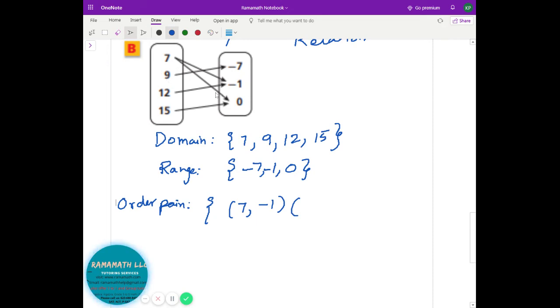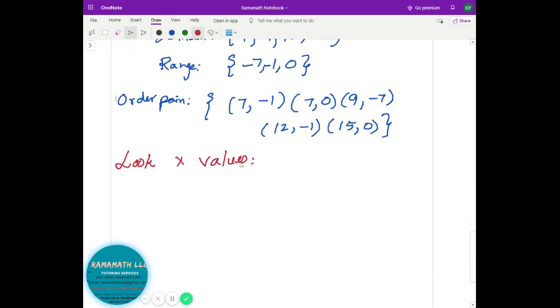And then 7 is also going with 0, so 7, 0. The 9 is going with -7. And 12 is -1. And then 15, 0.